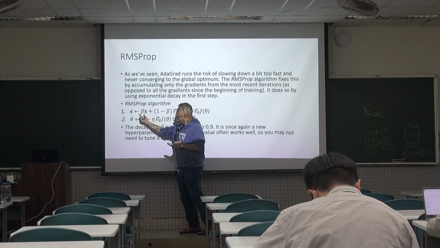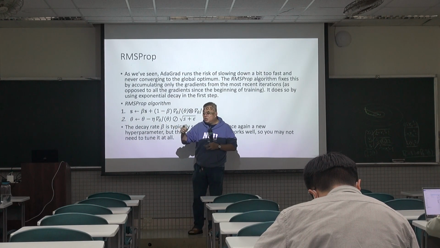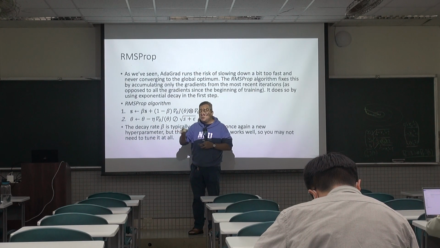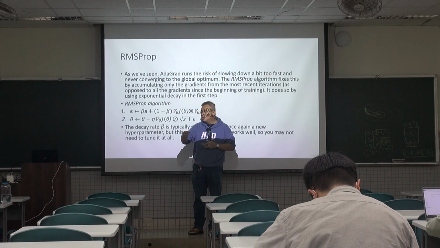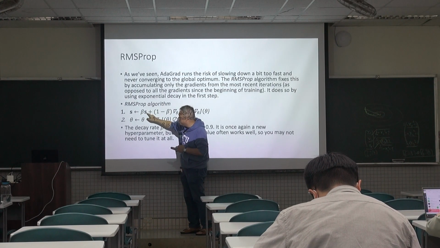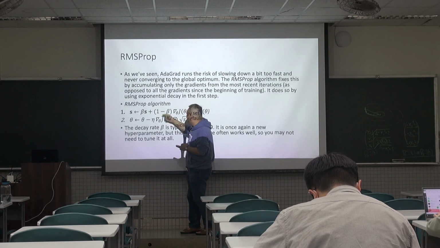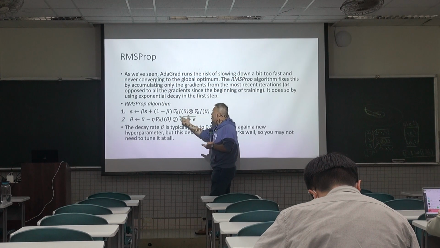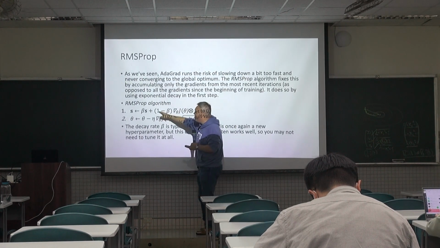We now use, remember the moving average that I talked about, the exponential moving average. Now we multiply this previous s by a beta, and this new value we obtain by 1 minus beta.